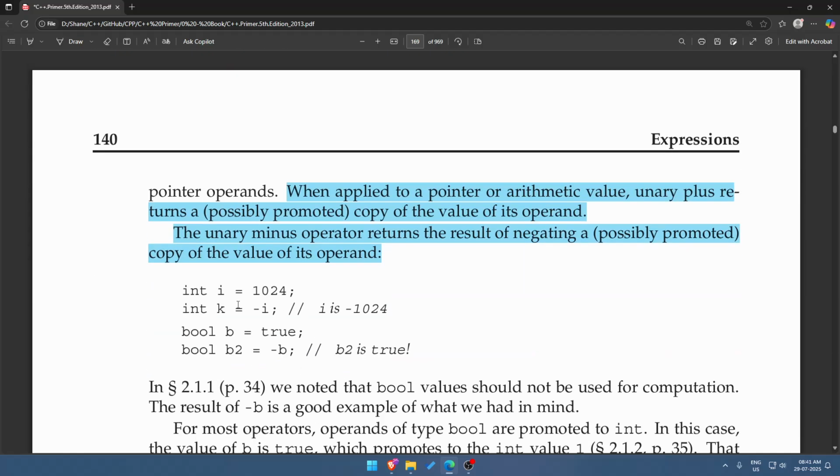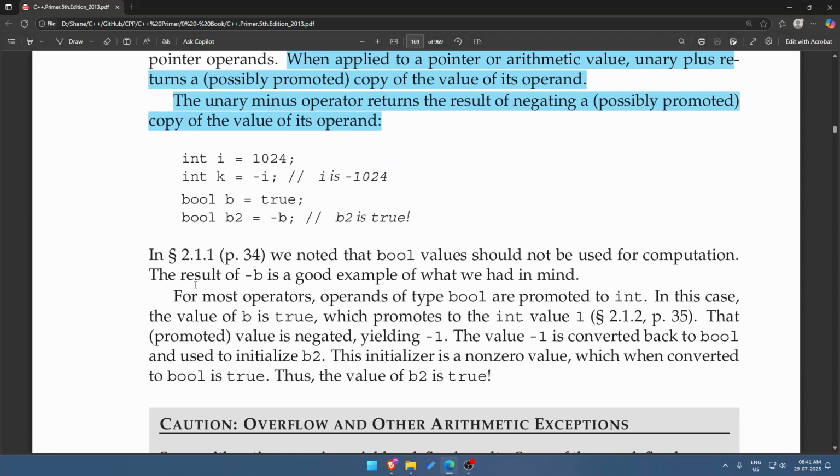So we have minus b, where b is still true. We noted that a bool value should not be used for computation. The result of negative b is a good example of what we had in mind.